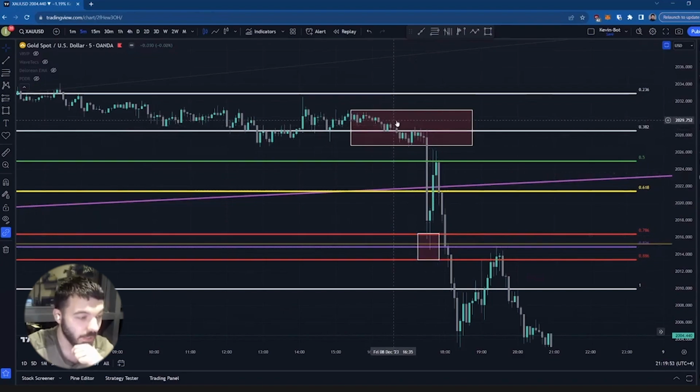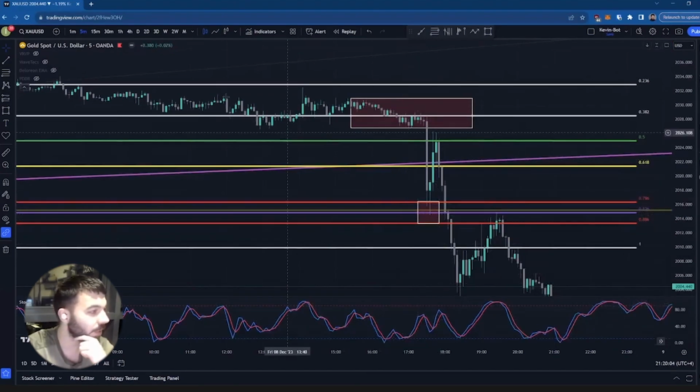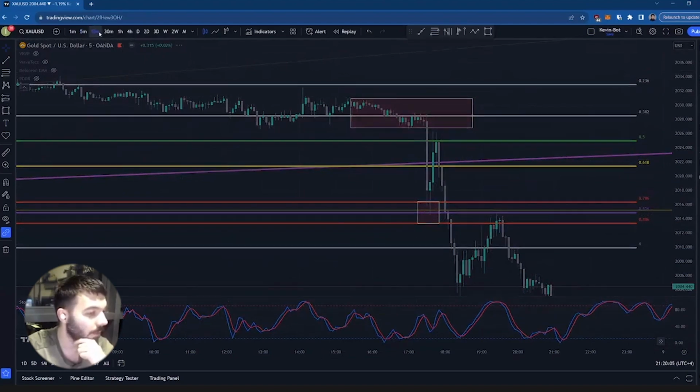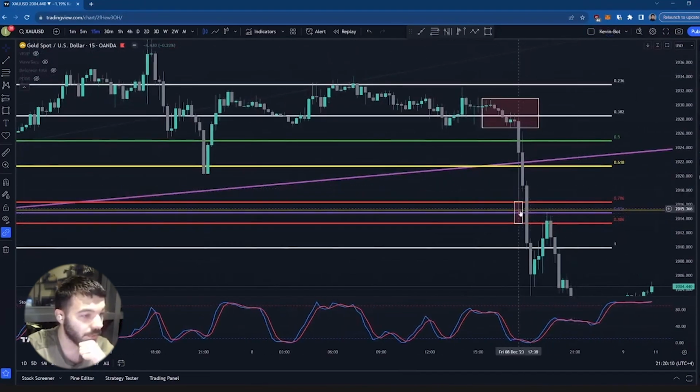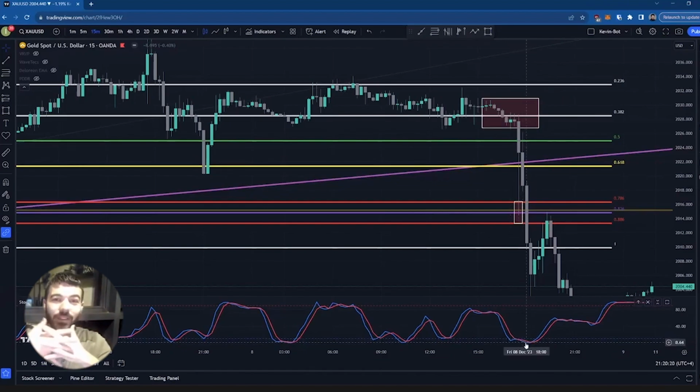So typically when gold, especially gold, because I've been testing this a lot on gold, when gold comes into this zone, especially when it hits that 836, it's exhausted. So if you match up with the stochastic, notice on the 15-minute stochastic, right? It's just strategy. I've noticed every single time that it comes into this 836, the stochastic is either overbought or oversold as well. So I can combine those, right?